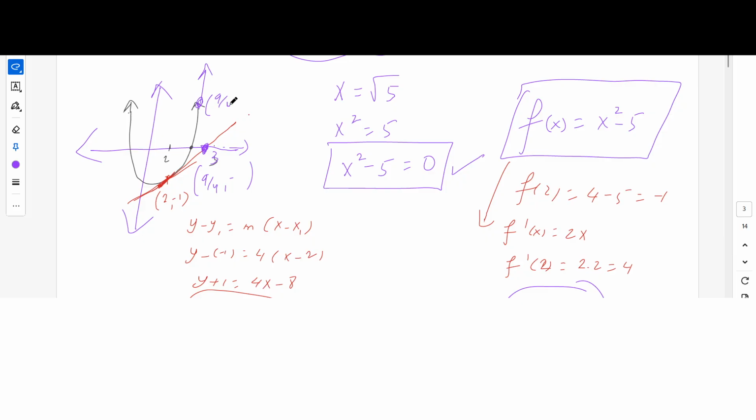Plugging in 9 over 4 and squaring, that would be 81 over 16 minus 5, which is 81 minus 80 divided by 16, which is 1 over 16. So the value of y would be 1 over 16.